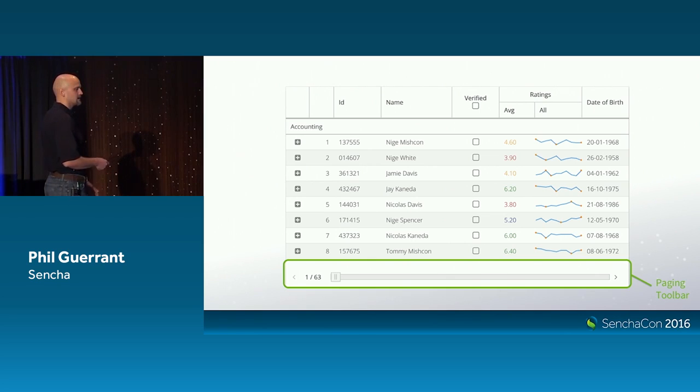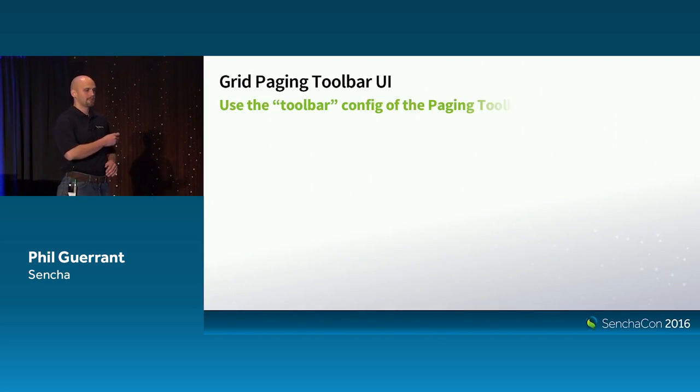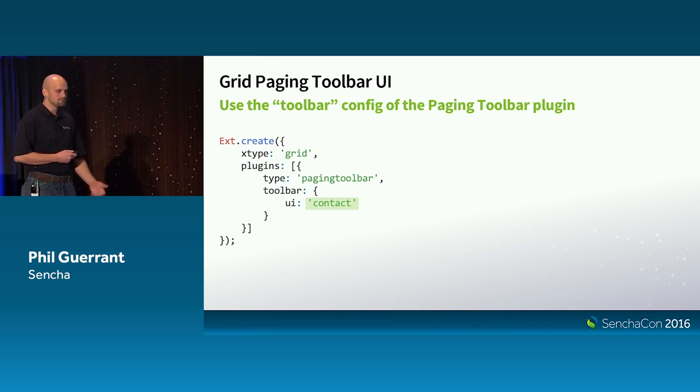It, being a plugin that manages a component, also has a way to configure that component. So on the paging toolbar plugin, we have a toolbar config, which we can use to configure the UI of the toolbar. So this may seem like a lot to configure the grid, but the key thing to take away here is that it really allows you to configure the parts of the grid individually, and thus making it possible to have many presentations for the same component.